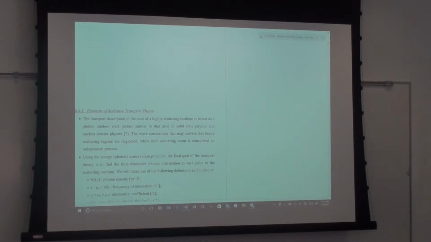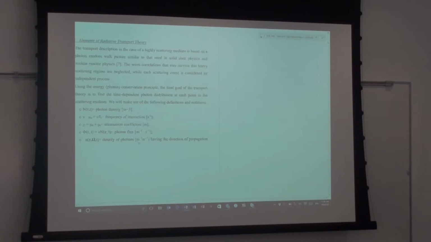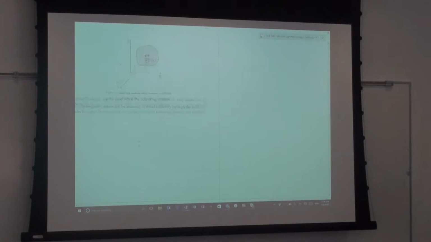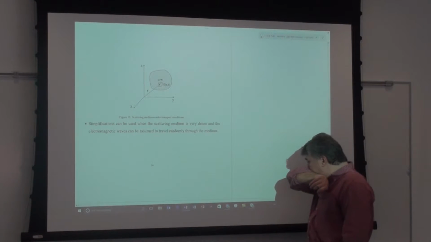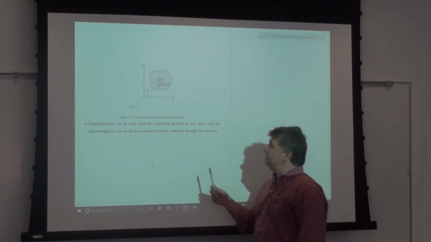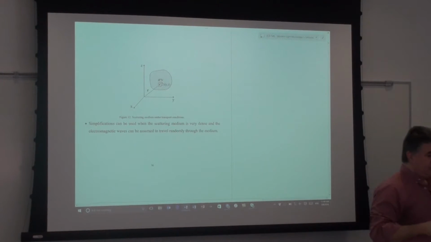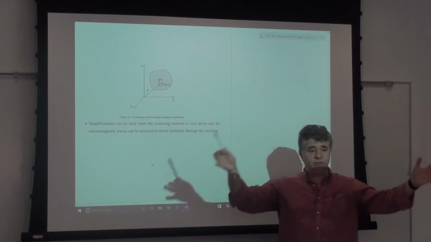There's going to be a bunch of definitions here, and I'll let you look at these by yourselves. But I want to give you the principles, first of all. Basically, in such a strongly scattering medium, you have k vectors in very different directions, over a broad distribution of directions.